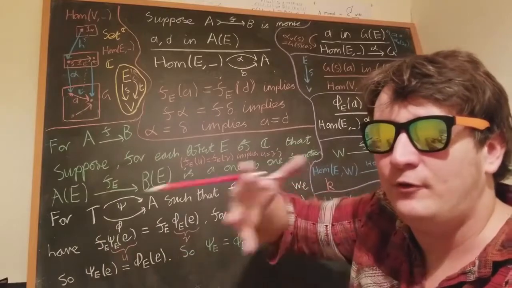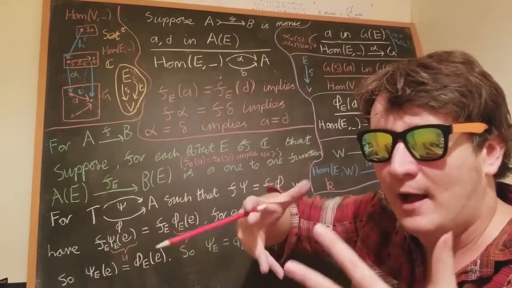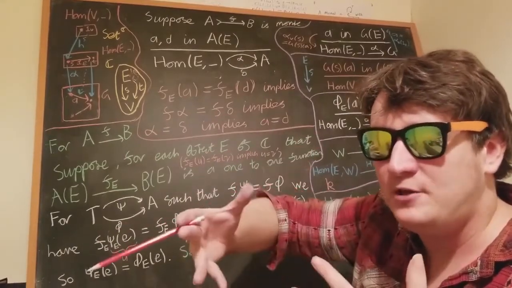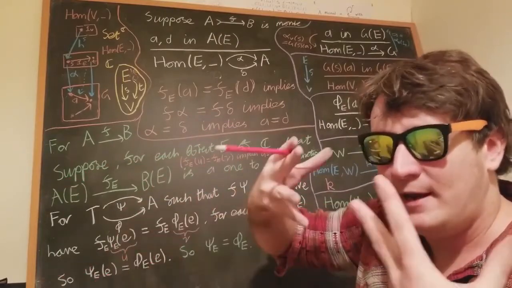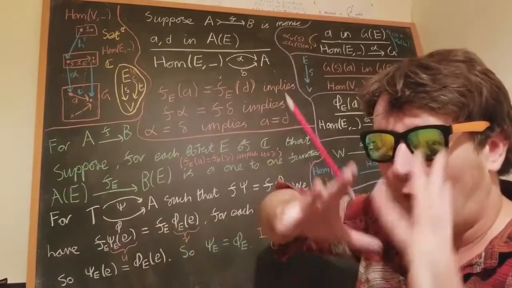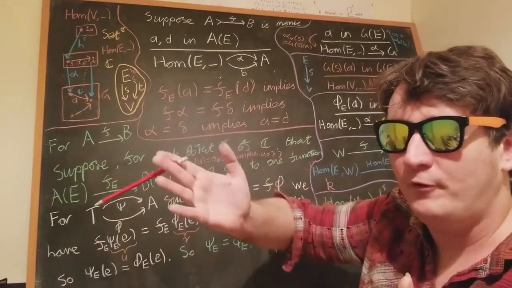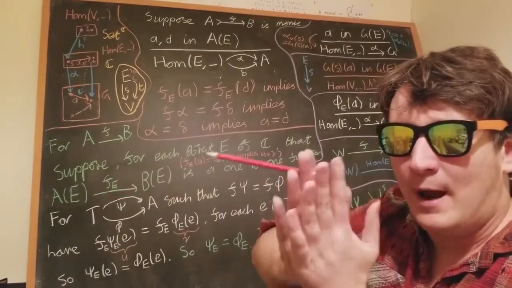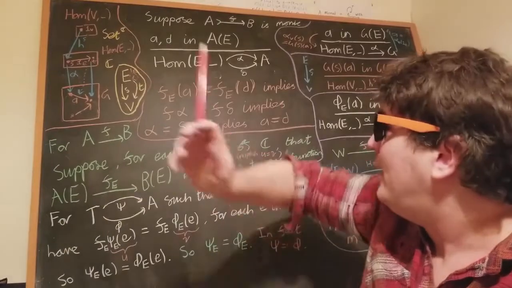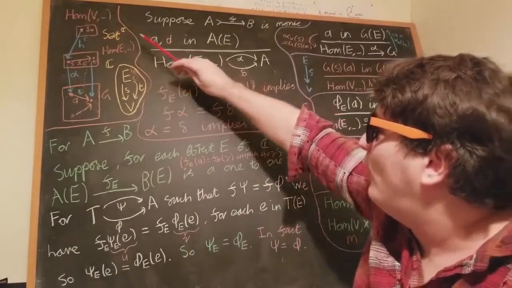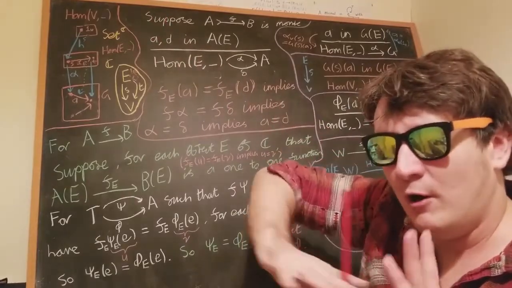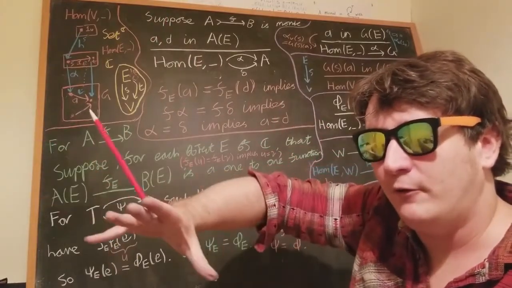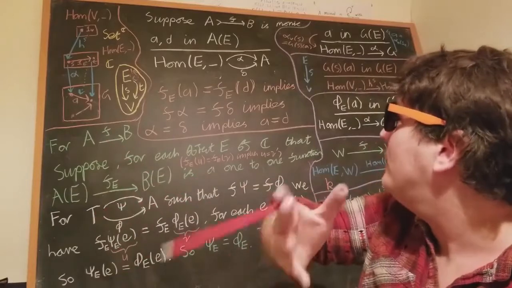And we see that this is a direct generalization of the case in the category of sets. In the category of sets, one-to-one functions and monomorphisms were exactly the same thing. In this case, the monomorphisms are the natural transformations which look like one-to-one functions on each of their components.